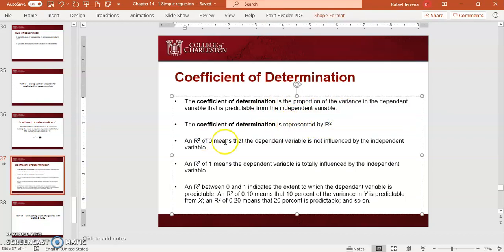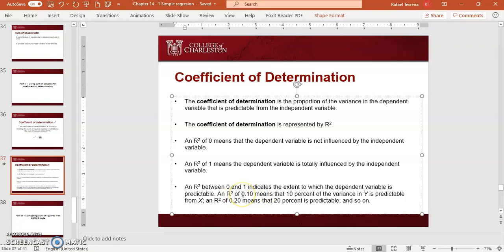An r squared of 0 means that the dependent variable is not influenced in any way by the independent variable. An r squared of 1 means that the dependent variable is totally influenced by the independent variable. This r squared varies from 0 to 1.